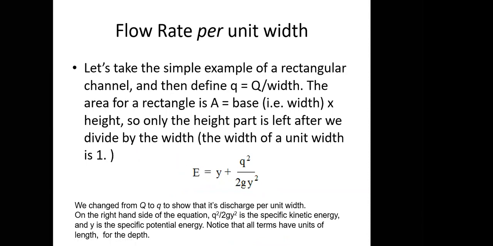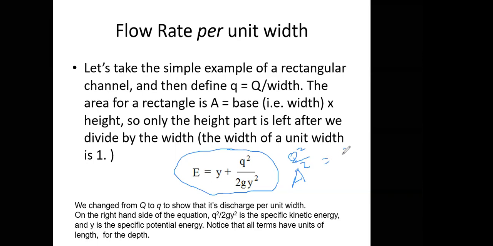So we can now have this specific energy equation in terms of the specific width. Before we had Q squared over A squared. Now we can have q squared over y squared, considering the unit width equal to 1. So this is the discharge per unit width. But there is no change in this specific energy equation.